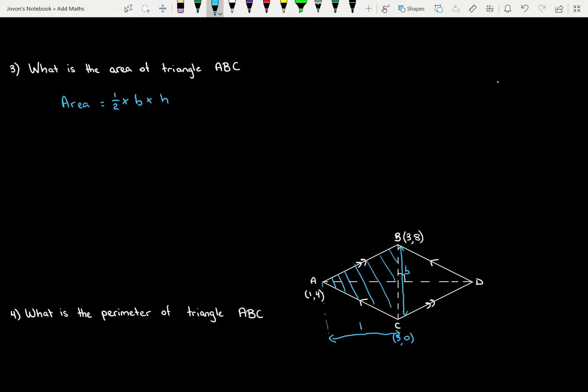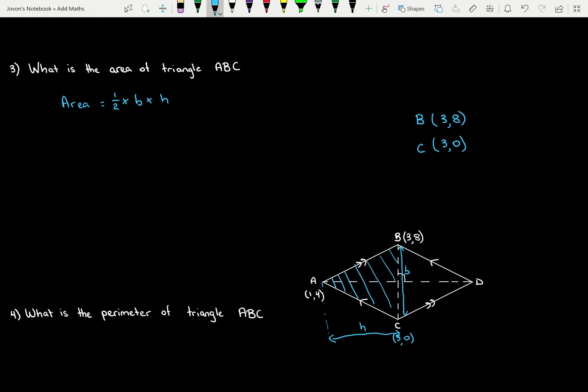So don't overthink this. It's very simple. We were given an equation to find the length of a line, but we don't even need to use that equation here, because the line that we are measuring is a vertical line and a horizontal line. So we're looking at the point B, which is 3, 8, and C, which is 3, 0.